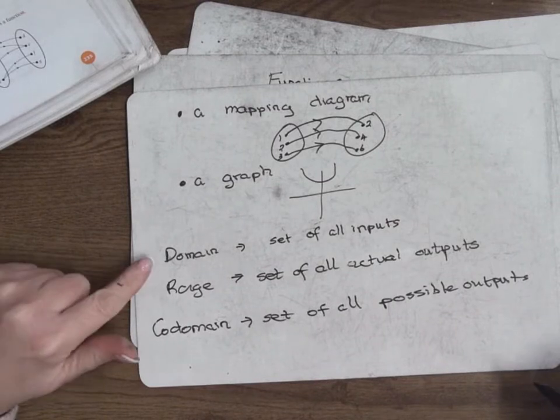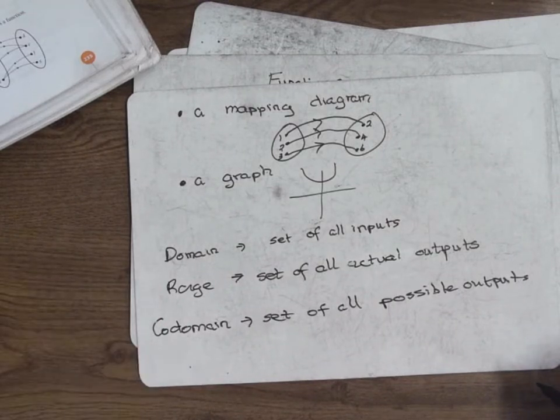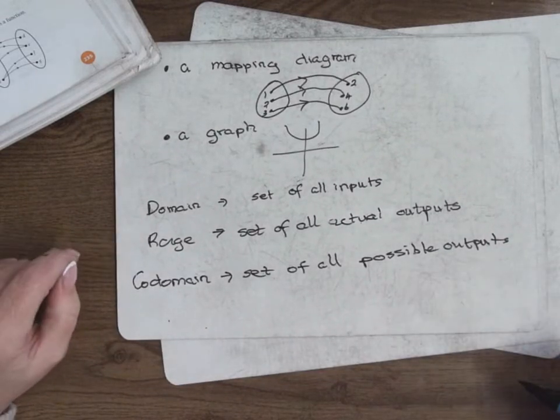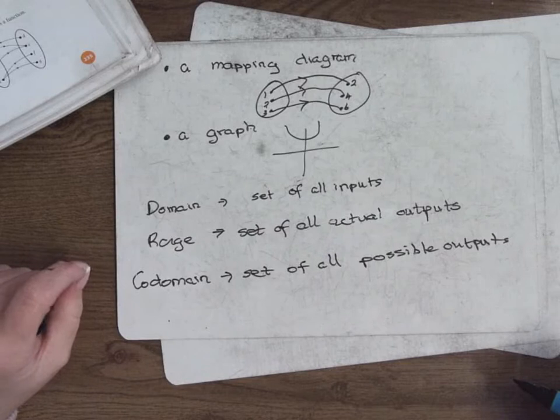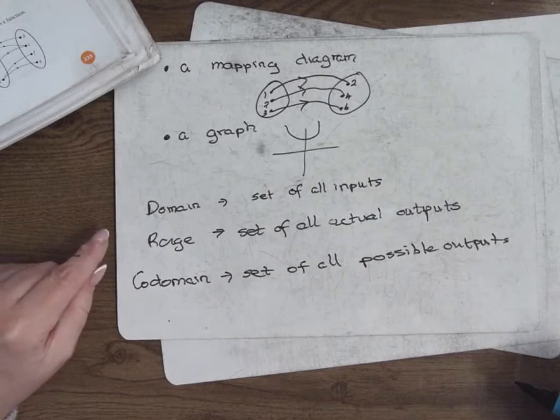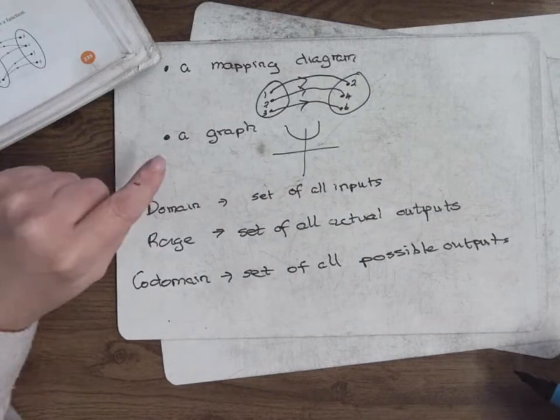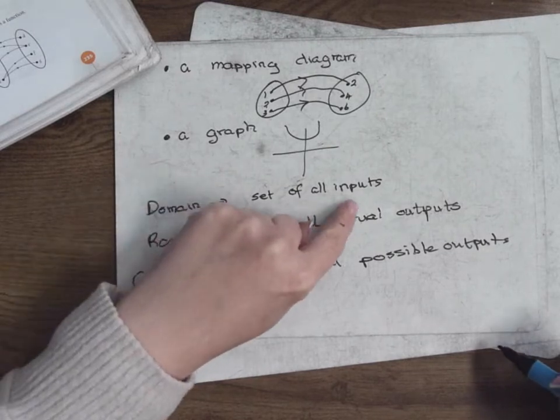Then I need to talk about the domain, the range, and the codomain. So the domain is a set of all the inputs.